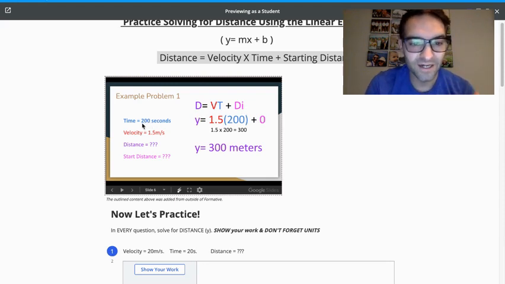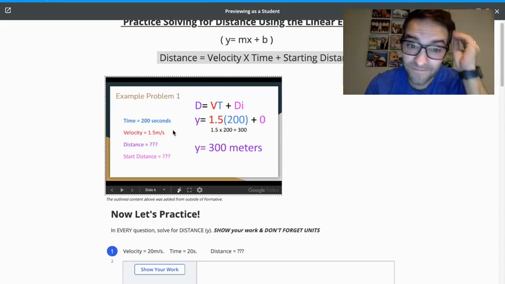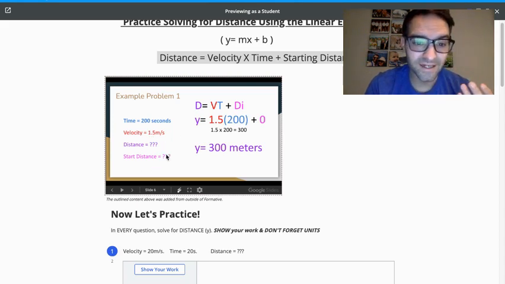So, what is the distance if you're traveling for 200 seconds at 1.5 meters per second? And we don't know the starting distance, so starting distance will be zero. So then with velocity, 1.5 times 200, that's going to give me an answer of 300. So my distance is 300 meters.